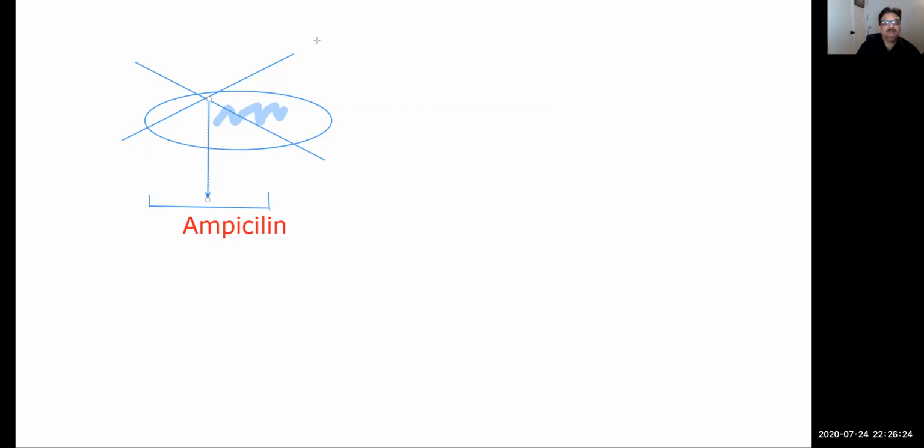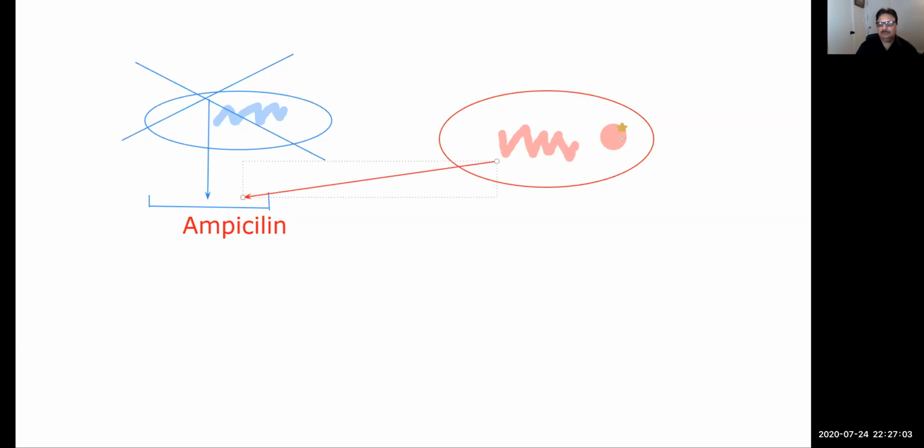On the other hand, if we take a bacteria that, in addition to the main DNA, also has a circular plasmid DNA which carries antibiotic resistance, then this bacteria can grow in this, because they are carrying the antibiotic resistance gene.